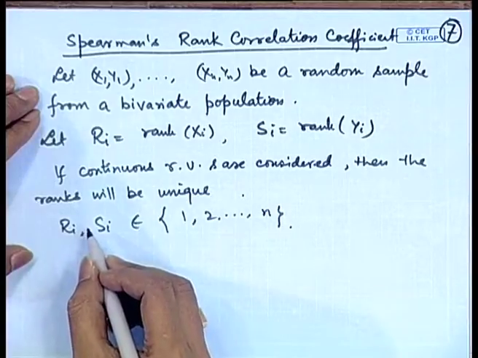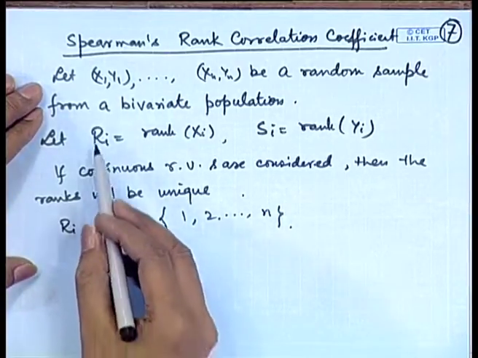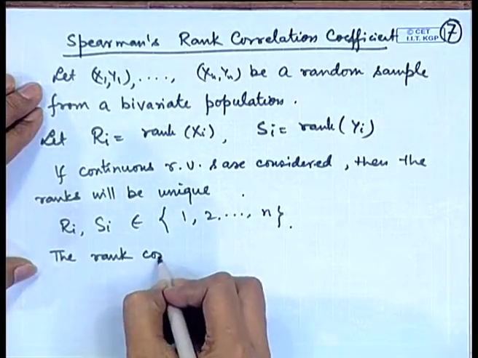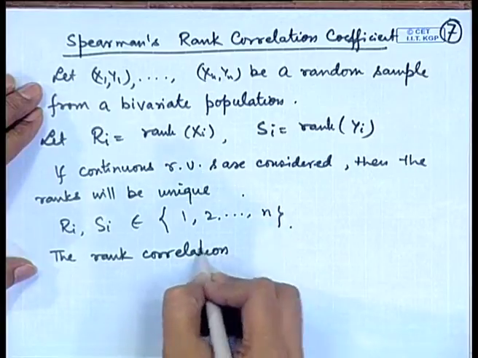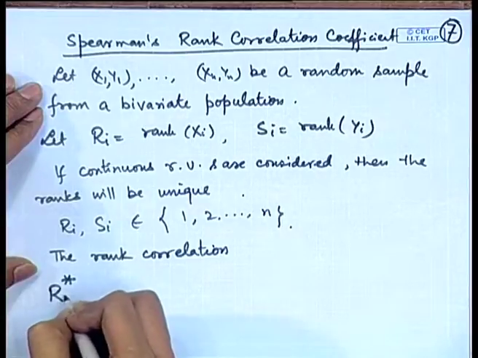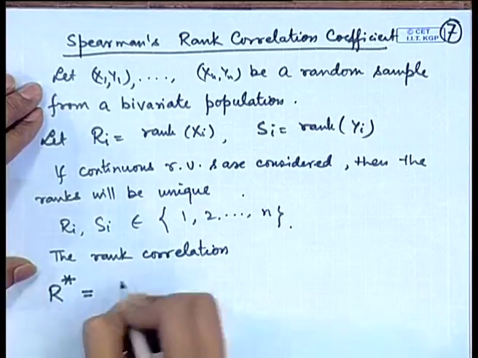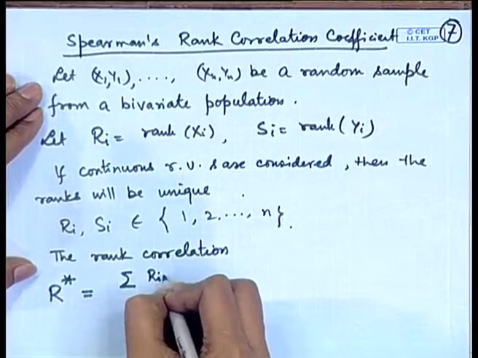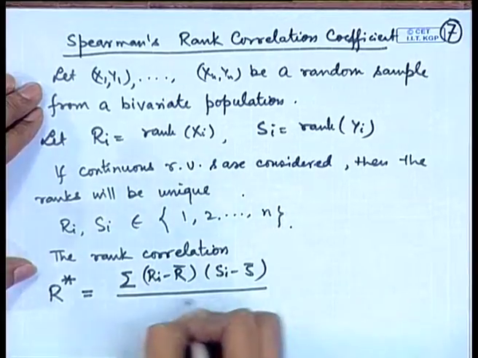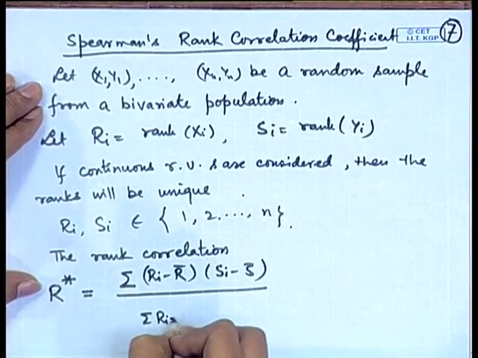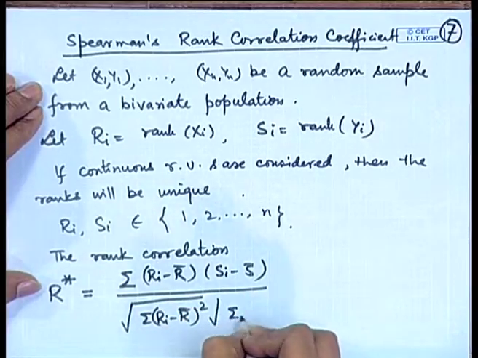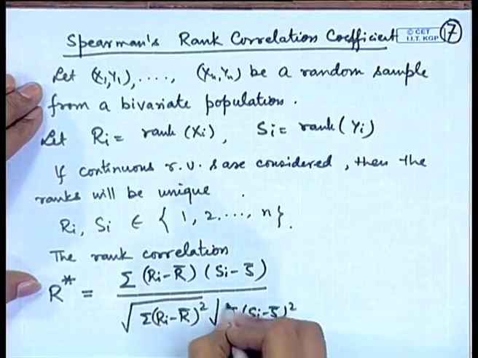If we want to calculate the correlation coefficient between ranks here, I will give a notation, say R star, because R we used for the Karl Pearson correlation coefficient. So, this will be sigma (Ri minus R bar) into (Si minus S bar) divided by the square root of sigma (Ri minus R bar) square times sigma (Si minus S bar) square.